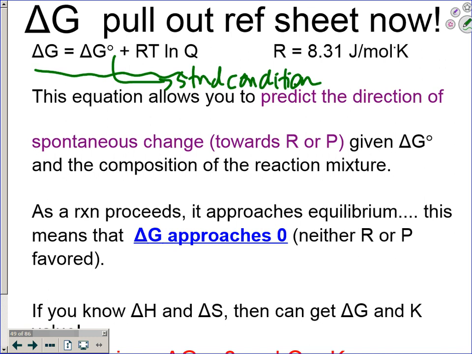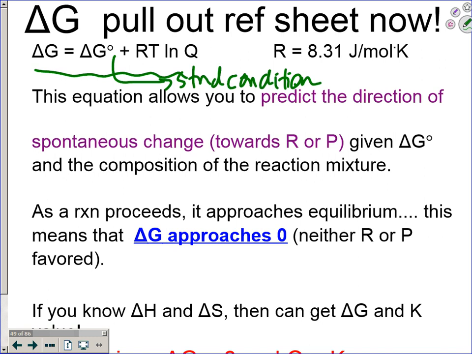No. We assume that initially as a comparison data point. If I had a really negative delta G at standard conditions and a minorly negative delta G at standard conditions, I could compare those two values and say one is more thermodynamically favorable than the other. So we have standard conditions to compare everything across lines. But in equilibrium, do we always have 1 molar conditions? No.